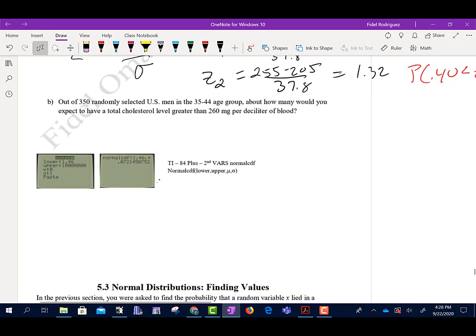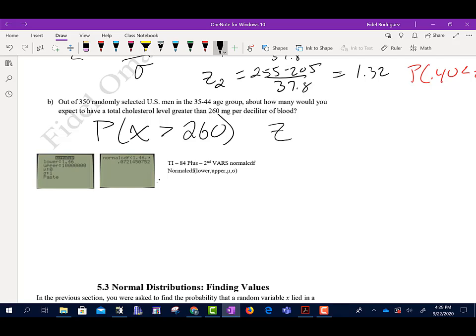Okay, we're almost done here, guys. Last part of this problem. It says out of 350 randomly selected U.S. men in the 35 to 44 age group, about how many would you expect to have a total cholesterol level greater than 260? So it's asking for the probability that somebody's cholesterol is greater than 260.